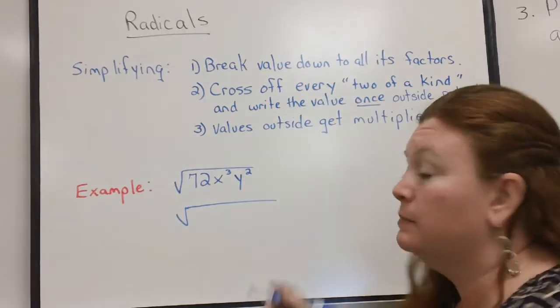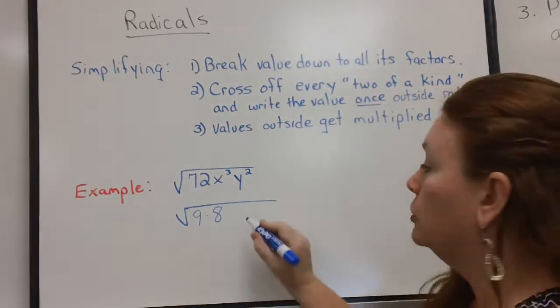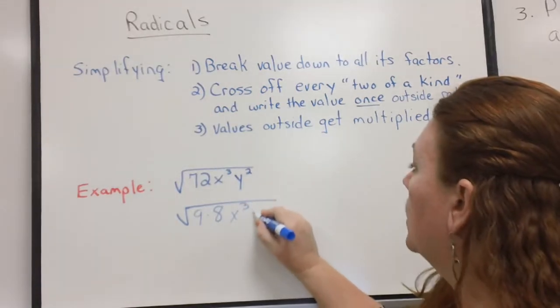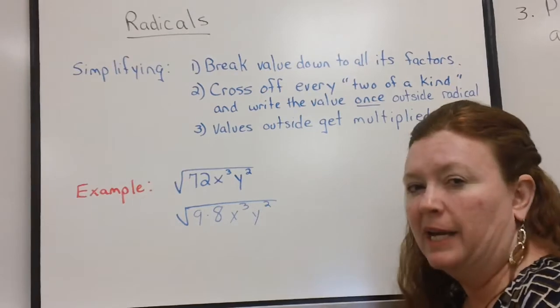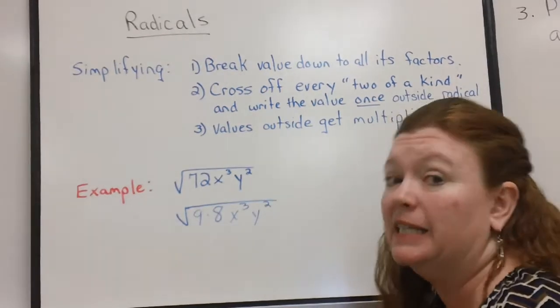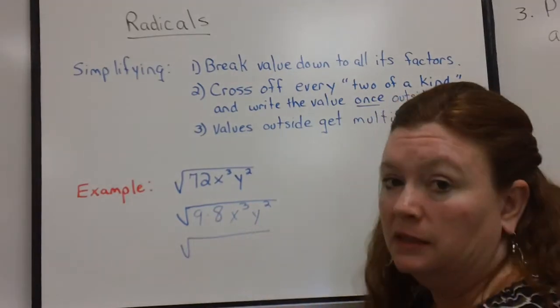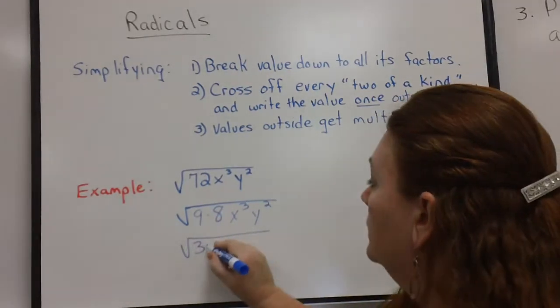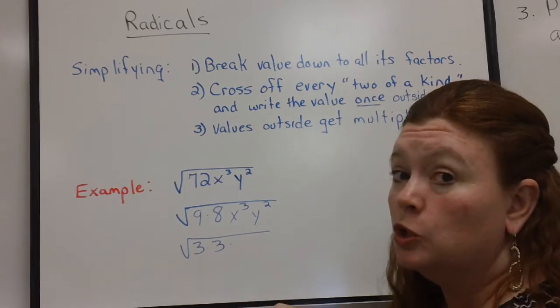I'll go with 9 times 8. And x cubed and y squared, I'm going to get to those in just a moment. But I have to finish my 9 and 8. They're not broken down completely to all of its factors. 9 breaks down into 3 times 3. 8 breaks down into 2 times 4.